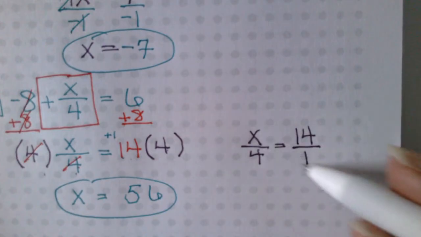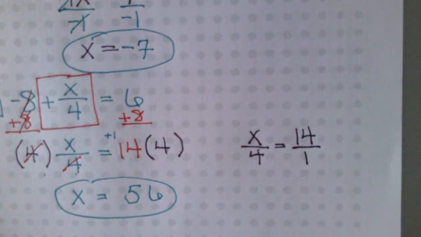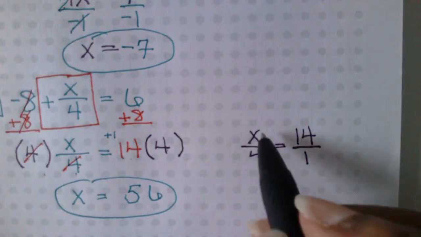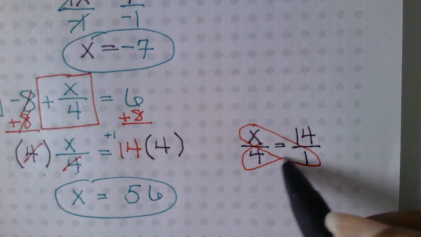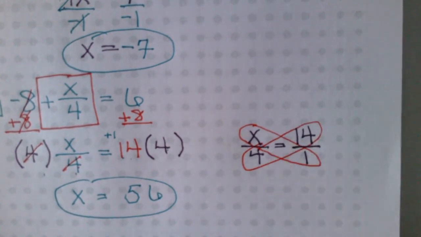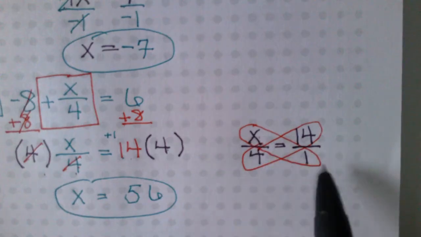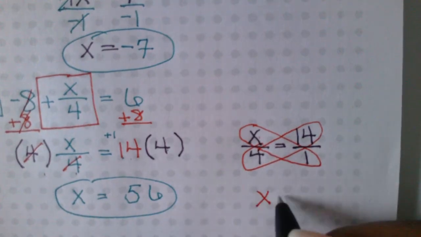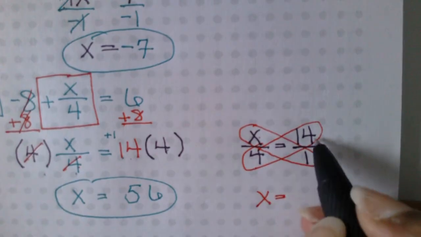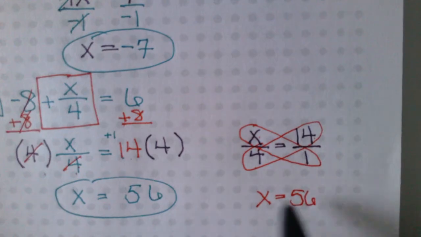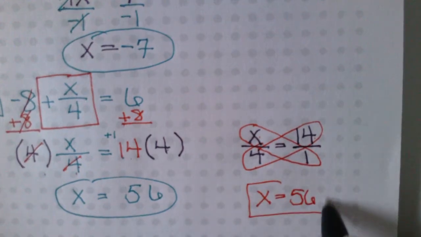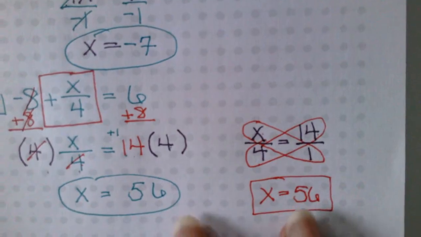And if you wanted to, I think they call it butterfly wings, as some schools will do, they would do what's called cross multiply. So 1 times x will give us x. And then the 4 times 14 gives us the 56. Okay? Two different approaches, but the same solution.